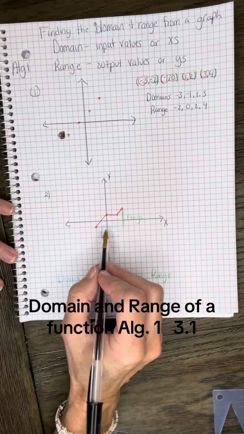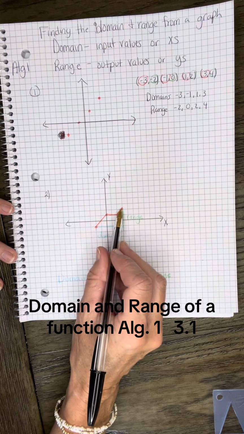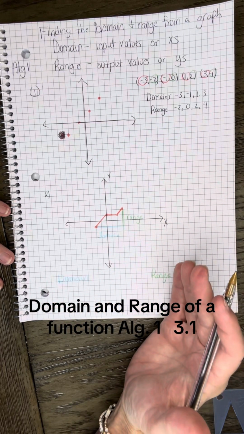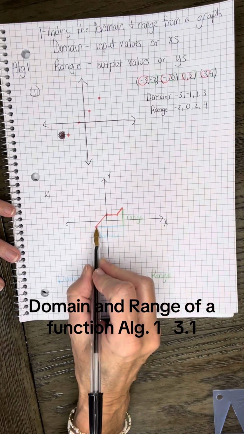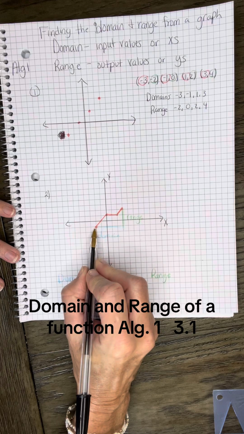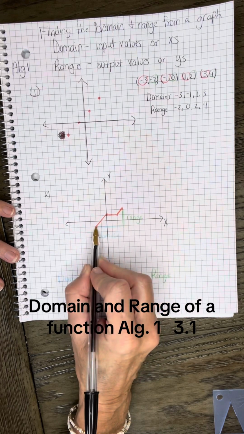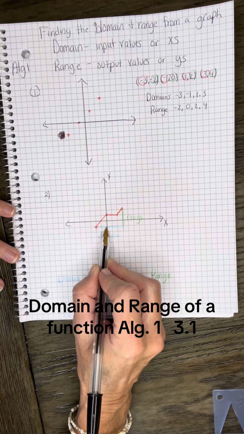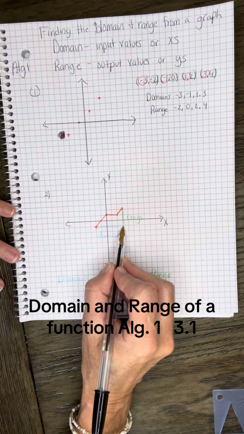Now, on this one, the red line goes from here up, across, and up again. My domain and range is going to be an interval of numbers. So for the domain, it's going to go from this point all the way to this point. So that means the x is between this number and this number. Well, this number right here is a -2, going left 2, and this number right here is a +3.